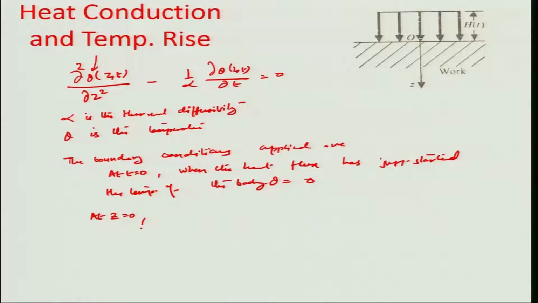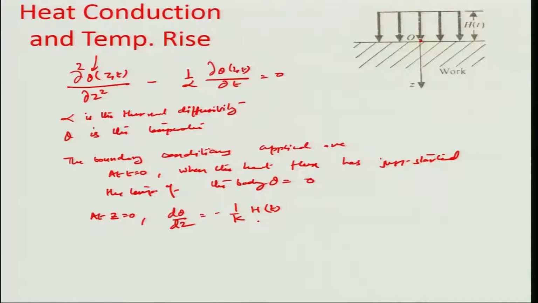Similarly, at z equal to 0, that means at the surface here, the temperature gradient d theta by dz is dependent on 1 by K times the heat flux H(t) per unit area.